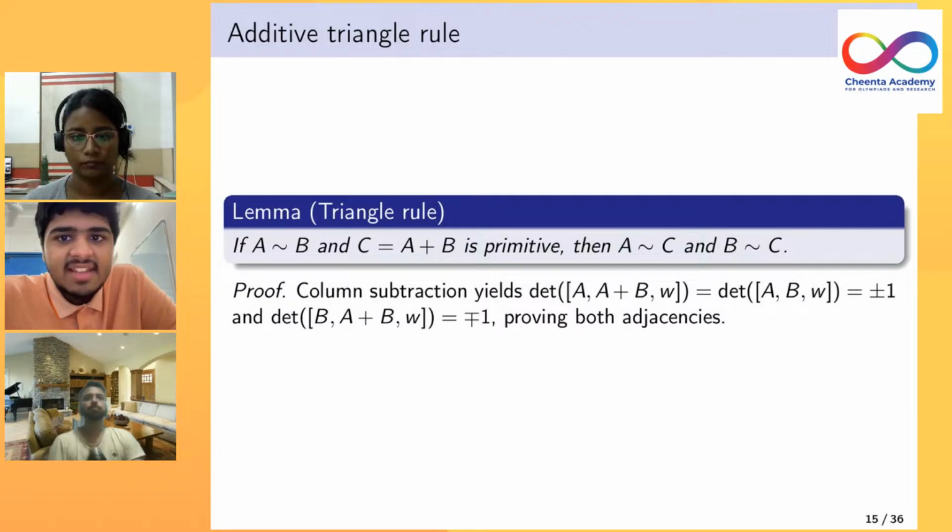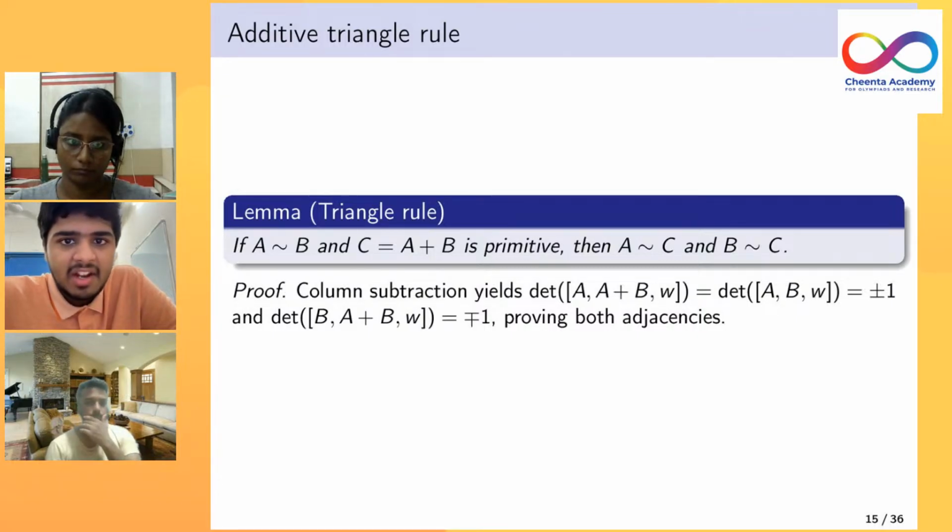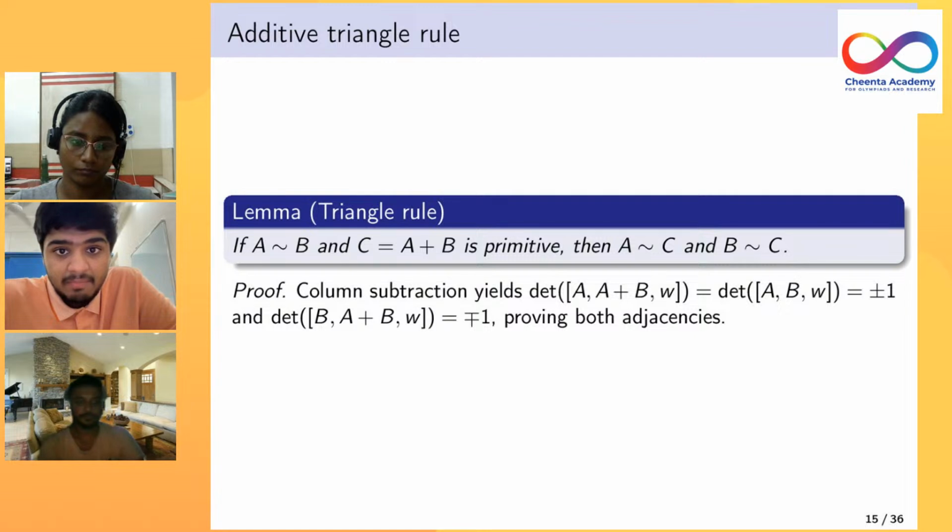Similarly, in the second case, with the determinant of (B, C, W), the same operation introduces a sign flip, giving minus or plus 1, which is the same as plus or minus 1 as per our condition. This is the additive triangle rule that enumerates neighbors in the Fourier graph, allowing me to compute various types of neighbors for a specific vector.